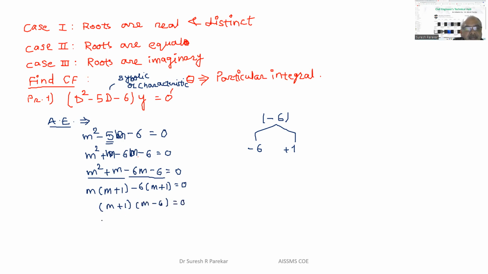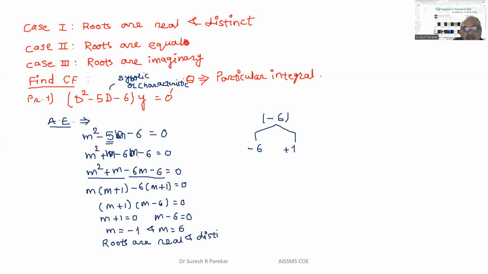So m plus 1 equal to 0 and m minus 6 equal to 0, giving m equal to minus 1 and m equal to 6. So we have case one: the roots are real and distinct.